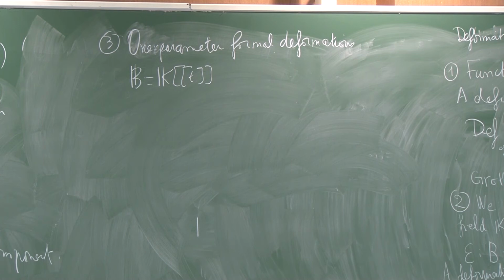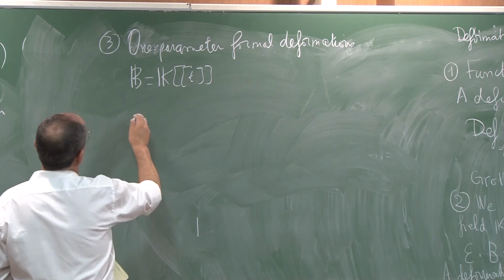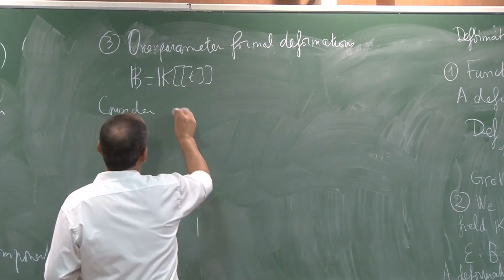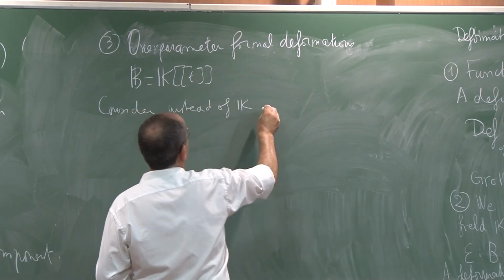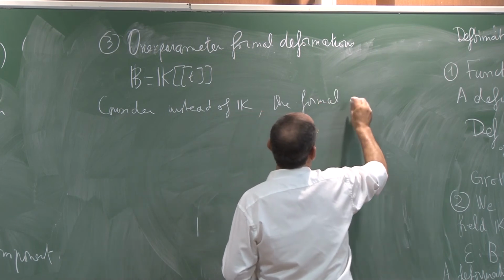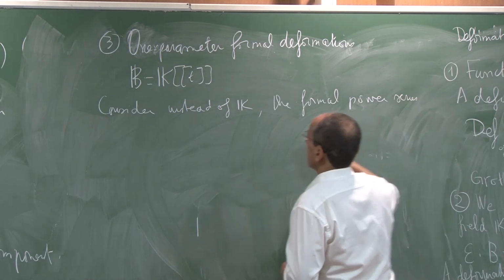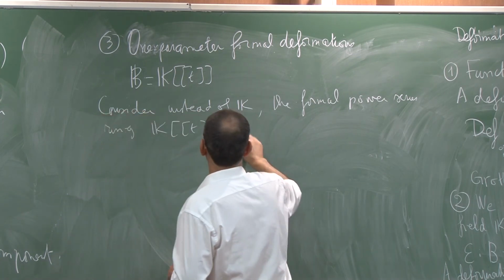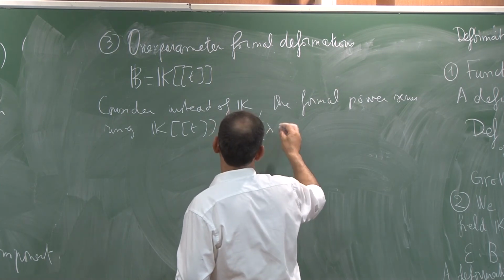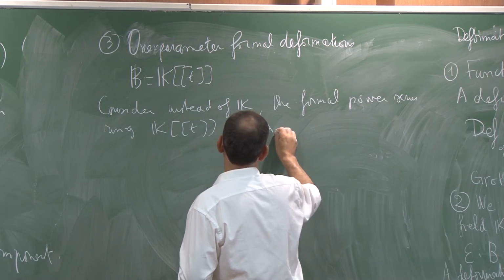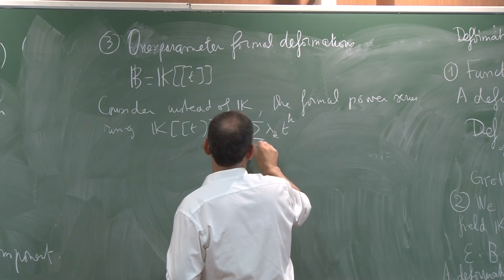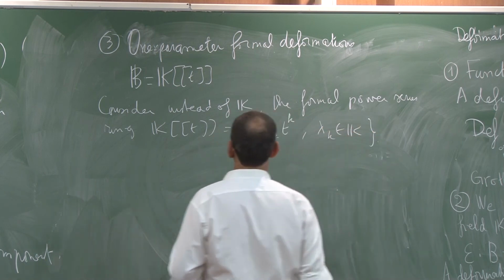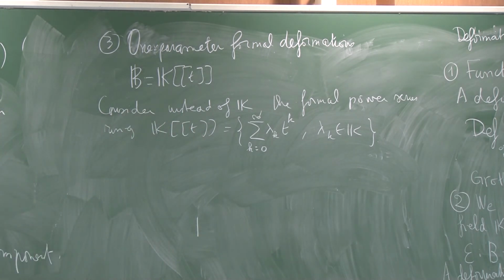In fact, the idea here is to consider, instead of K, the formal power series ring K[[t]], which is the set of elements of the form the sum of lambda_k t^k, k from 0 to infinity, where lambda_k are in K. Okay? This is the main idea.